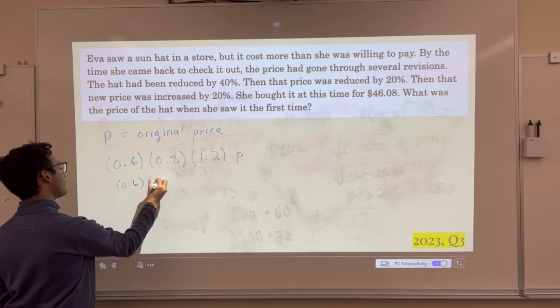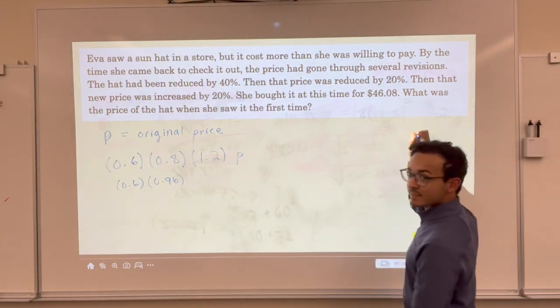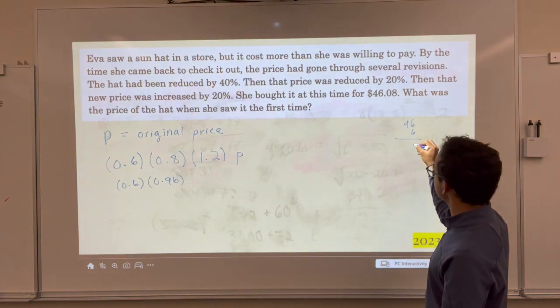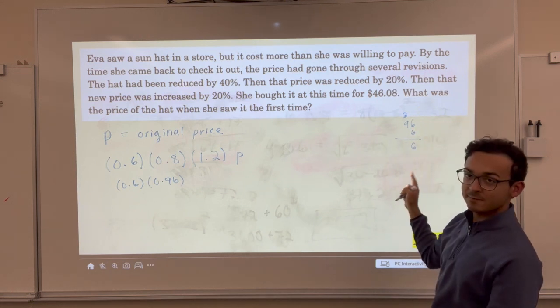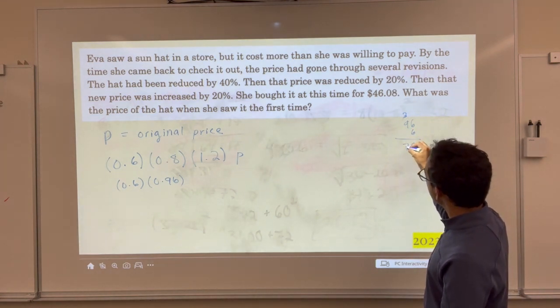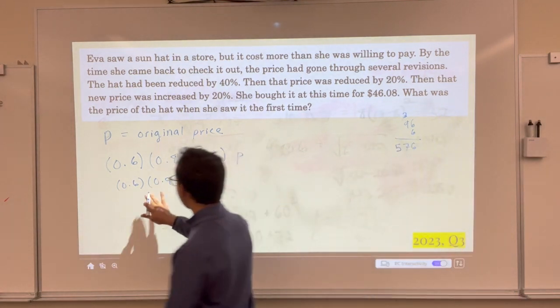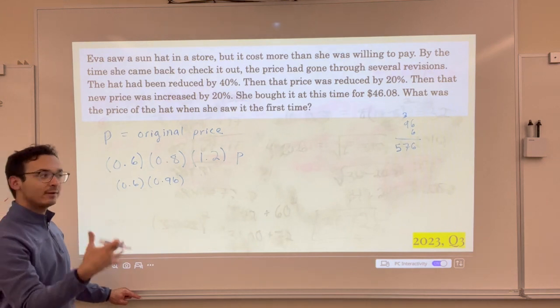So it's going to be 0.6 times 0.96. Over here, I can just do 96 times 6 real quick. 96 times 6. Well, 6 times 6 is 36, so carry the 3. 9 times 6 is 54, plus 3 is 57. So 0.6 times 0.96, the answer would be 0.576.